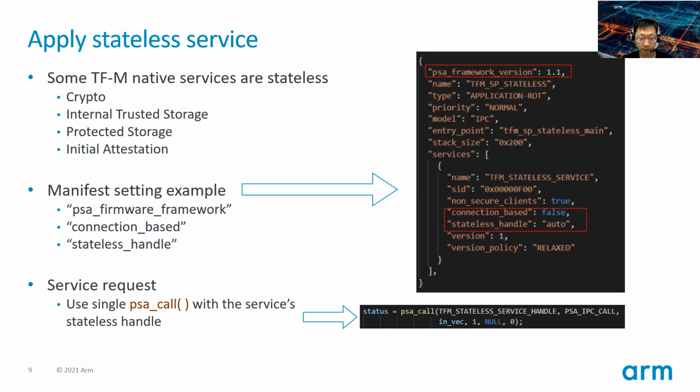Let's see an example. Compared to FF-M 1.0, developers need to change 3 attributes in the manifest to create a stateless service.